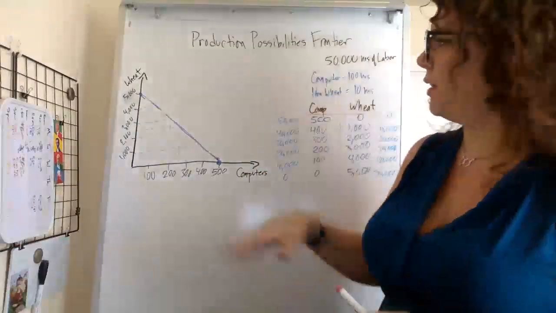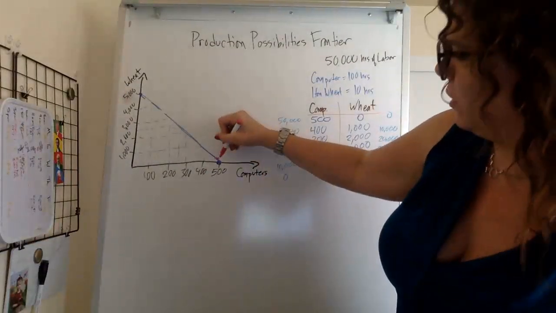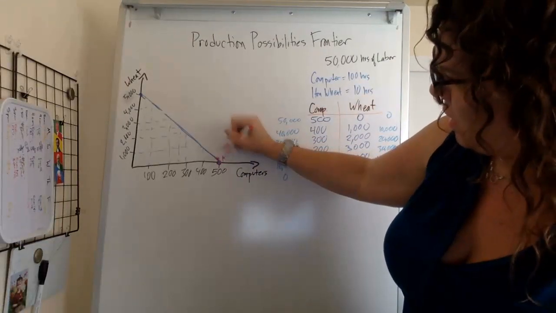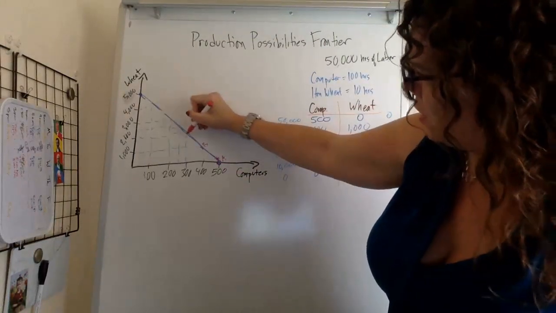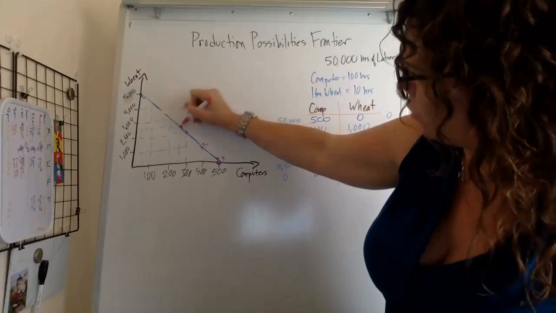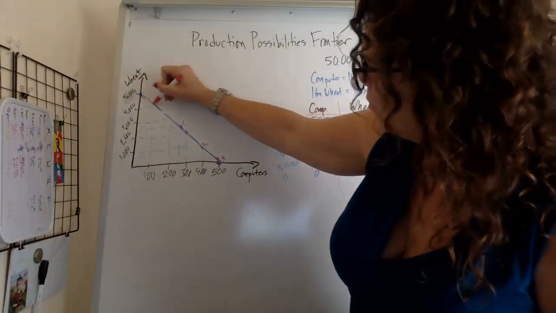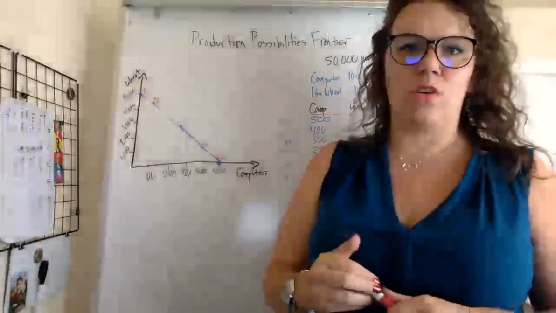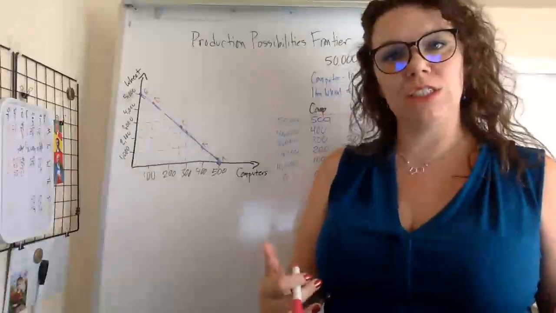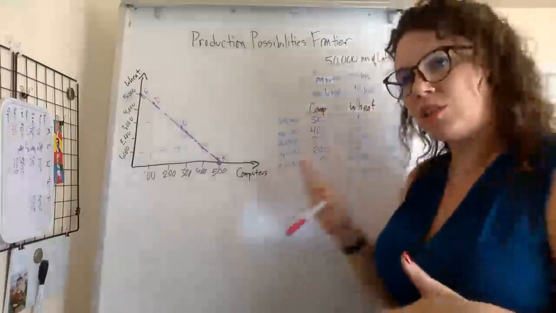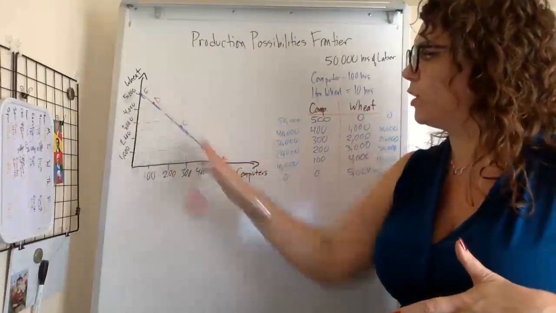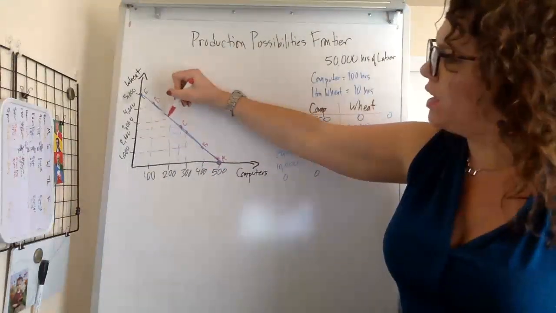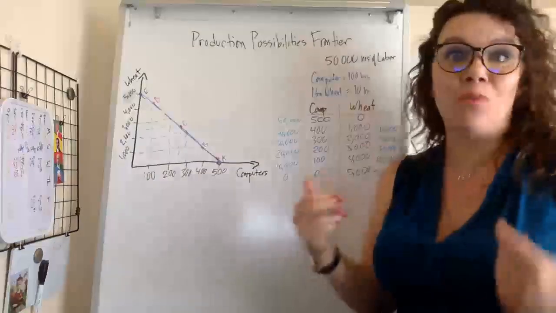So the book labels these point A, point B, let's say that's point C, point D, and point E. They are all possible, they're all efficient. And where you want to be on the production possibilities frontier, in terms of your combination of goods and services, is going to depend on your preferences.